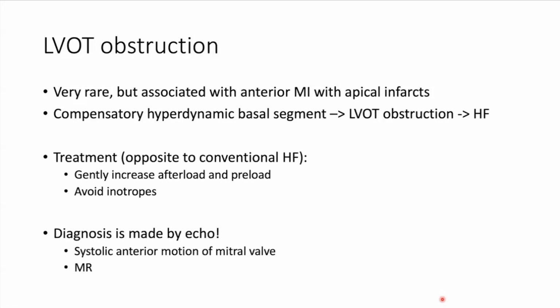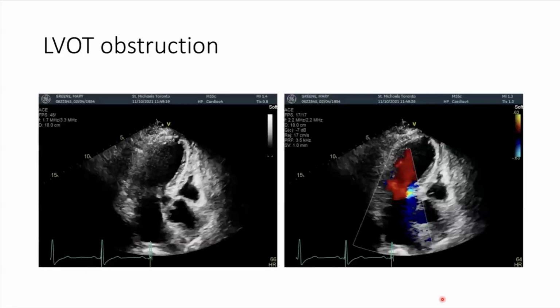and it can worsen the LVOT obstruction. The interesting thing here is that the diagnosis is made entirely by echo, and what we're looking for is systolic anterior motion of the anterior mitral valve. And with that, you have mitral regurgitation that accompanies it.